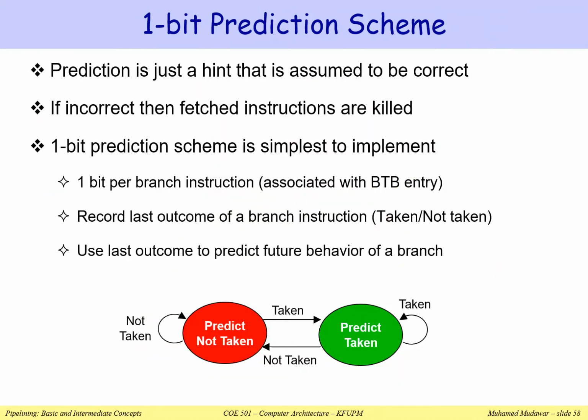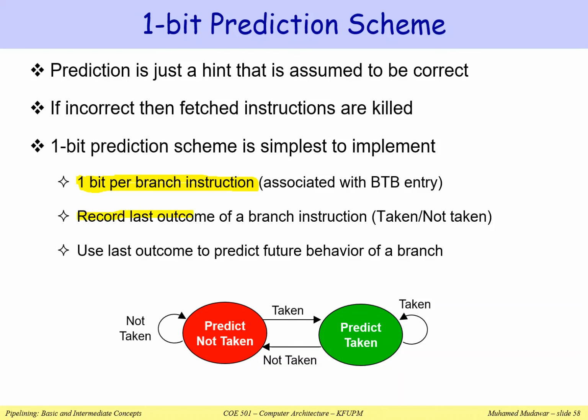The simplest way to implement branch prediction is to use a one-bit prediction scheme. What this means is that we are going to use only one bit per branch instruction in the branch target buffer. So we associate one bit per branch instruction. The value of this bit can be 0 or 1. It will record the last outcome of the branch instruction.